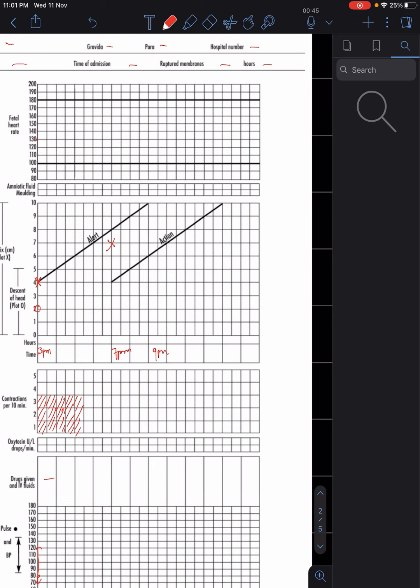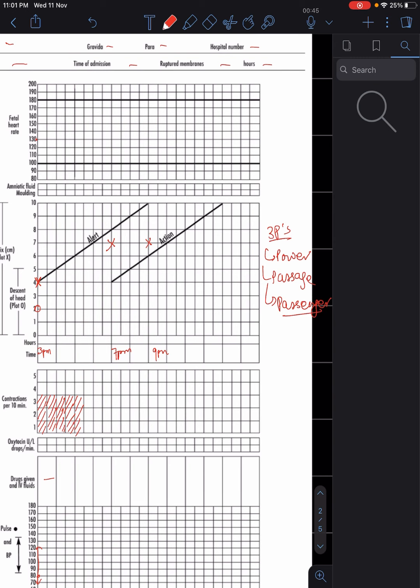and she continues to be at 7 centimeters, so we'll check for what is the problem, right? So we have 3 P's. We have power, we have passage, and we have passenger, right? Power is the only thing that is under my control. I can control the syntocinon I am giving.